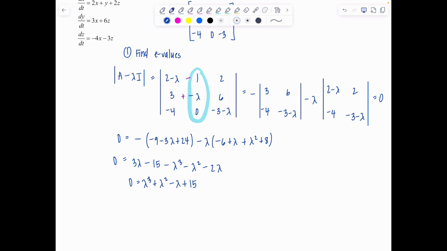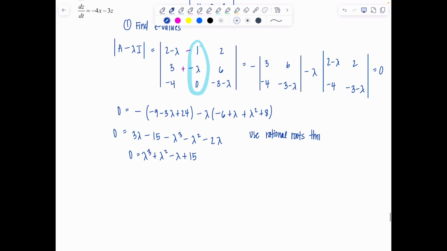It's odd degree, which means for sure we have to have one real root, yes? Good. So which one is it going to be? Let's just guess. Use our rational roots theorem. Negative 1. Bad guess. Guess again. Positive 1.